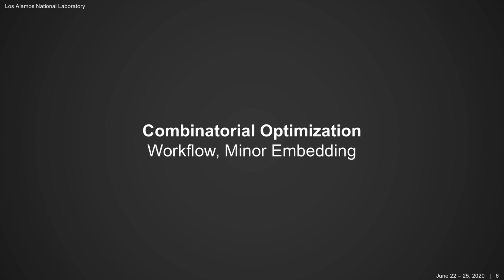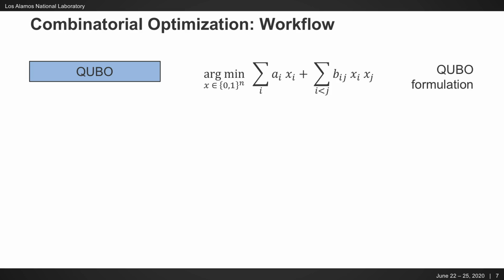So for combinatorial optimization on quantum annealers, there are many steps. First we start with a quadratic unconstrained binary optimization problem, and this is really quite general, because if we have a constrained optimization problem, we can pack linear constraints into quadratic penalty terms to get an unconstrained problem.